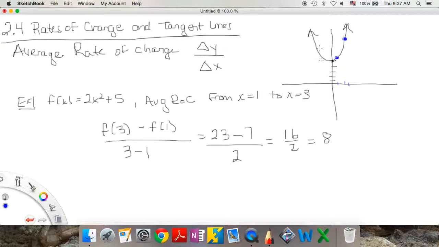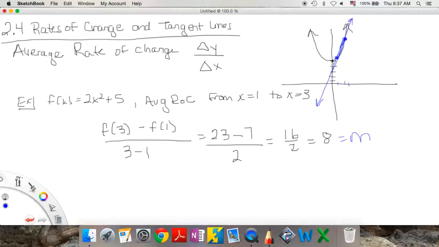What we found was the slope of this line connecting these 2 points. So this is the slope of this blue line, and that tells us the average rate of change along the function from 1 to 3.